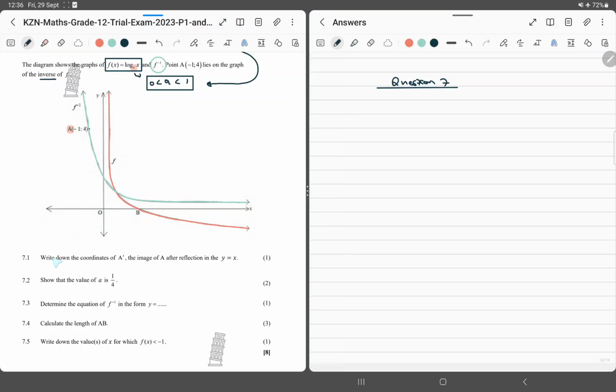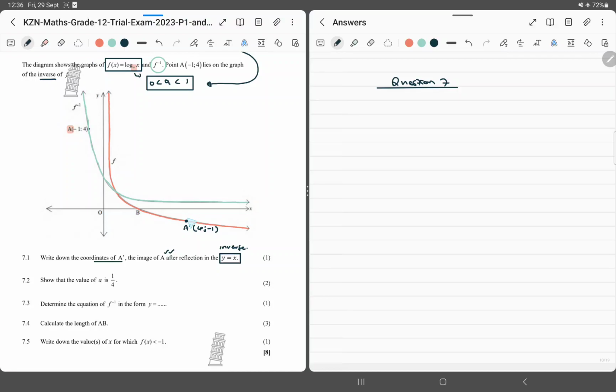Okay, great. So let's see. It says now write down the coordinates of A', the image of A, after the reflection in this line. Now this is the inverse line, essentially. So we're looking for A in this point. So this is our A prime. So what should be the coordinates? Now the inverse of A, we just switch the coordinates, is going to be (4; -1).